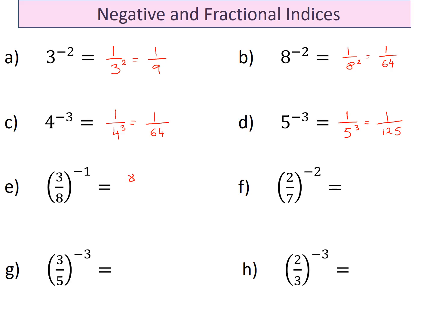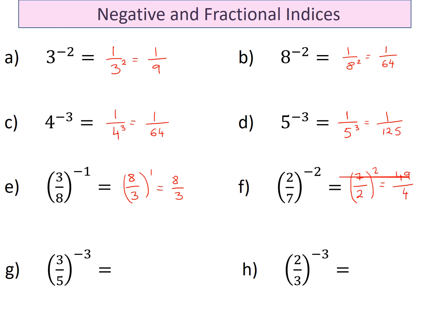So now I have 8 over 3, and all of that to the power of 1, which simply is 8 over 3. In the next question, I've got 2 over 7 to the power of minus 2. So now I have the reciprocal, which is 7 over 2, and then all of that to the power of 2. So that is 49 over 4.